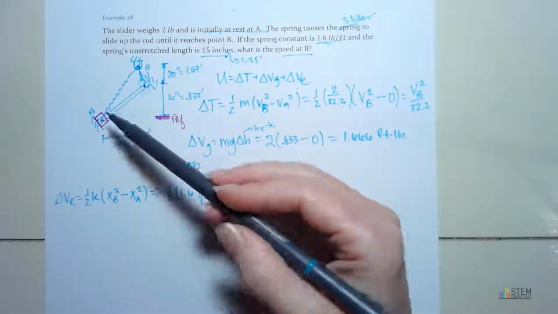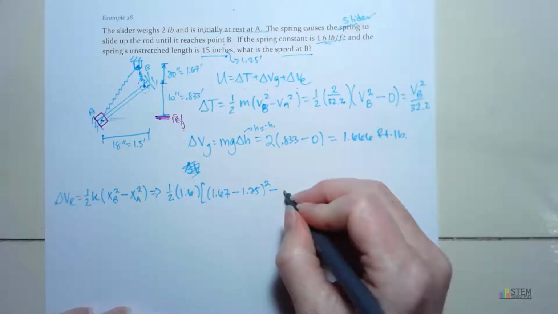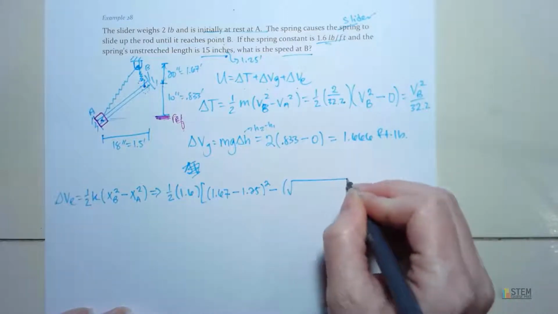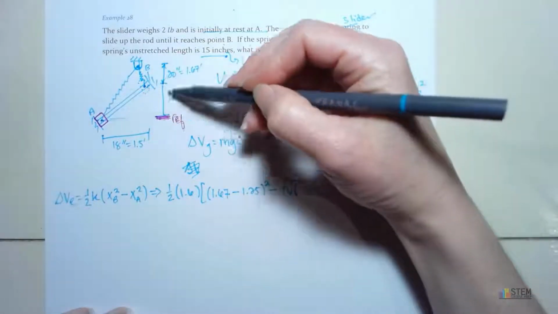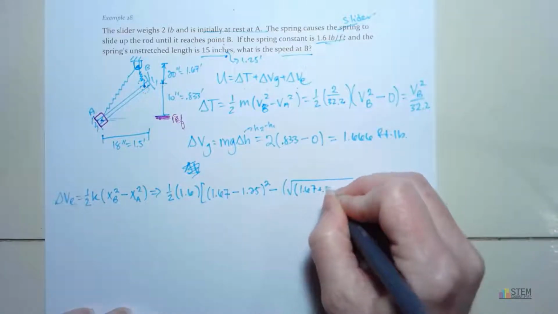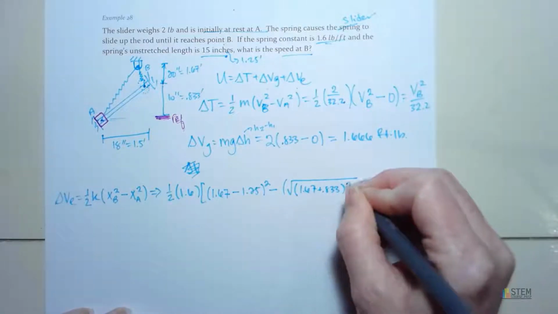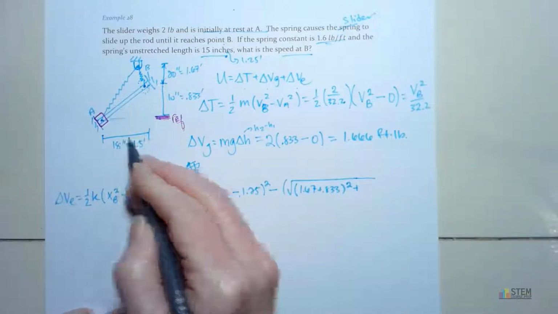We can get this length using a right triangle. So we're going to have the square root of this length right here, so 1.67 plus 0.833, square that, plus the square of the 1.5.